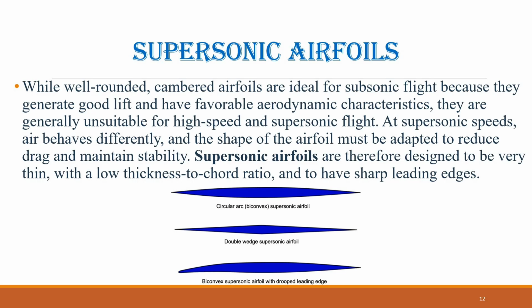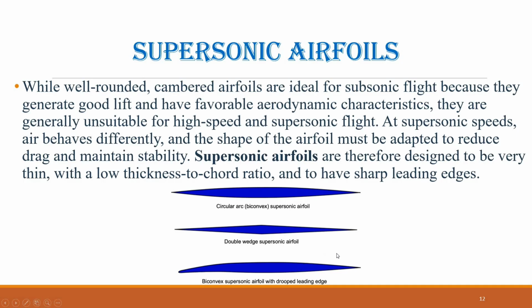The geometric shapes of supersonic airfoils typically fall into two categories. One type, called a double wedge airfoil, is formed from angled planes that create a thin, pointed profile. The other type, known as a biconvex airfoil, consists of two opposing circular arcs that produce a similarly thin section.